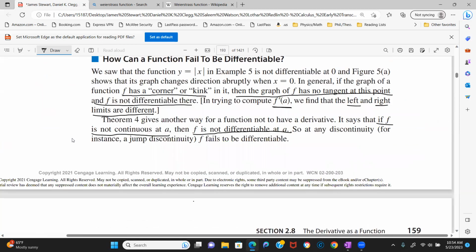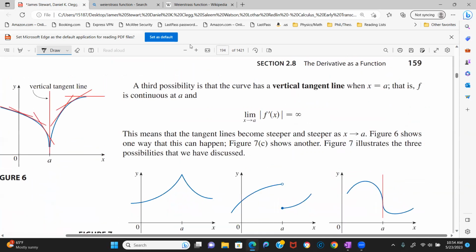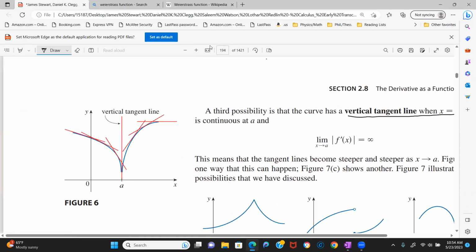All right, so if you have a corner or a kink, you fail to be differentiable. If you're not continuous at a point, you fail to be differentiable. But there's this other possibility, that you have a vertical tangent line when x equals a. You can see from this graph there's a kink right here, this corner, which is kind of like the other cases.